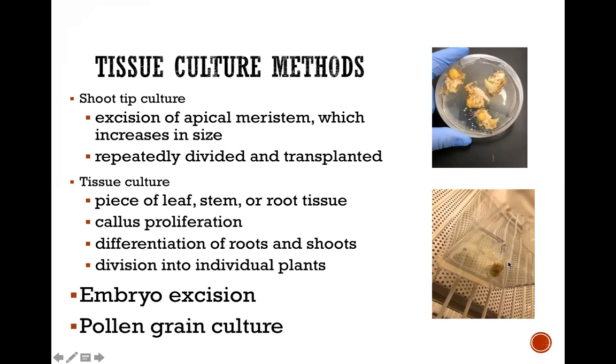And then you can remove the embryo and essentially grow it out in soil and generate the entire plant from that. That's really what some plant producers have to do if they have very difficult plants that don't graft well or don't produce seed well, or other issues that can be overcome with tissue culture.